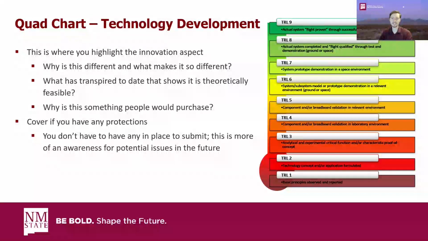And it's relatively easy to line up your technology with one of these levels. And if you can tell them that you're at a TRL4 or a TRL2, something like that, that provides a lot more information for them as to how far your innovation has actually come to this point. Next slide.